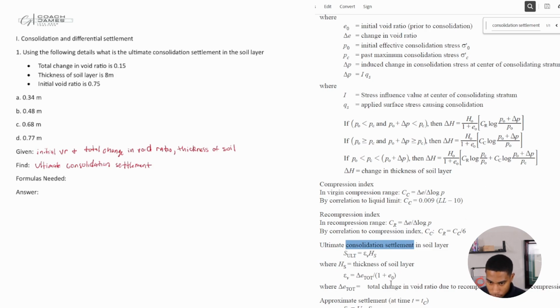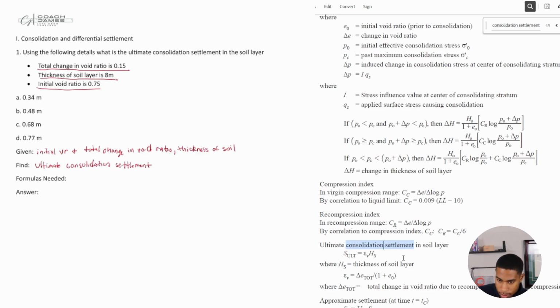I have the total change in void ratio, which is 0.15. I know what 1 is, plus e0. Do I know what the initial void ratio is? Yes, 0.75. Okay, so I can get EV. Do I have HS? HS is the thickness of the soil layer. Do I have the thickness of the soil layer? Yes. Now it's just a matter of plugging and chugging.